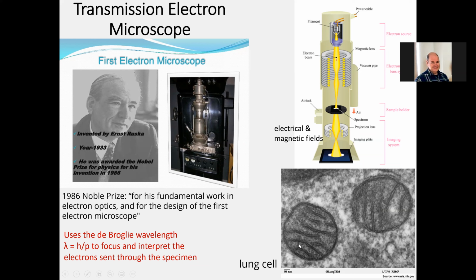I don't know if you can read this. This is down to the 50 nanometers mark. Remember, violet light is 400 nanometers. This is a resolution of 50 nanometers. So this is the transmission electron microscope based upon the de Broglie wavelength.